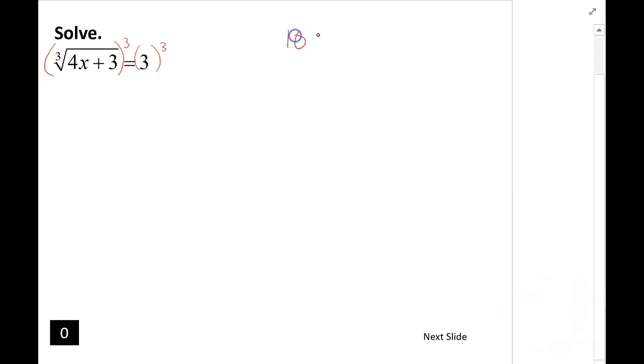Why does it do that? Well, if I take the square root of 10, and let's say I raise that to the second power, let's turn that into an exponential expression. This will be equal to 10 to the 1/2 raised to the power of 2.